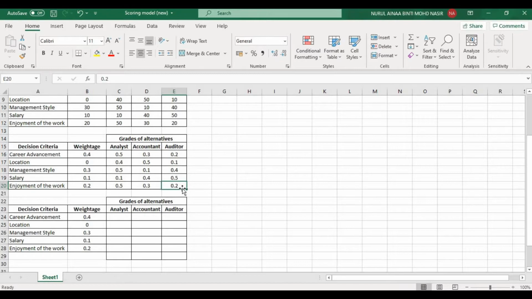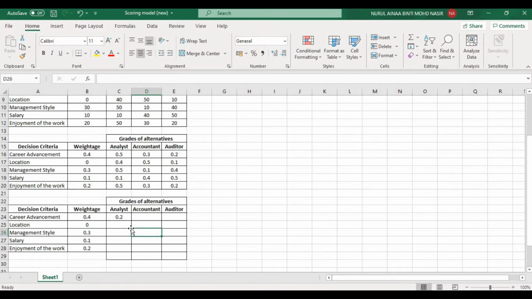For the calculation to compute the score for each decision alternative, the formula in C24 is equal to the weightage multiplied by the score for career advancement, and then don't forget to put the symbol to lock the value of the weightage.